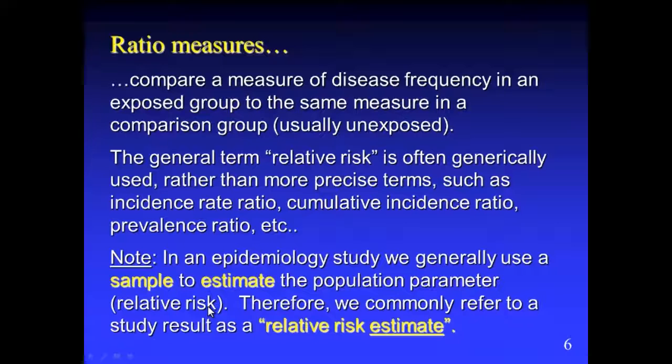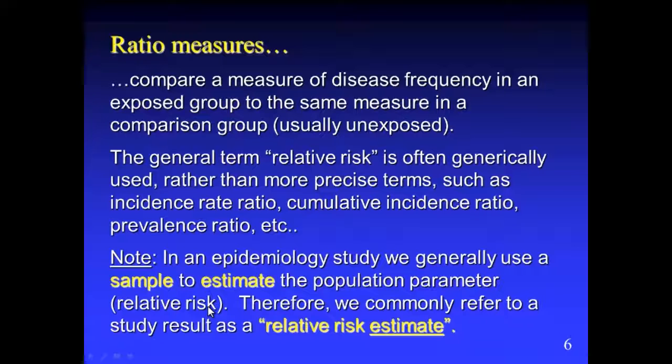So we're going to be using 2x2 tables all the way through, but we're going to start by talking about ratio measures. Ratio measures compare a measure of disease frequency in an exposed group to the corresponding measure in the unexposed group. And we use the term relative risk.